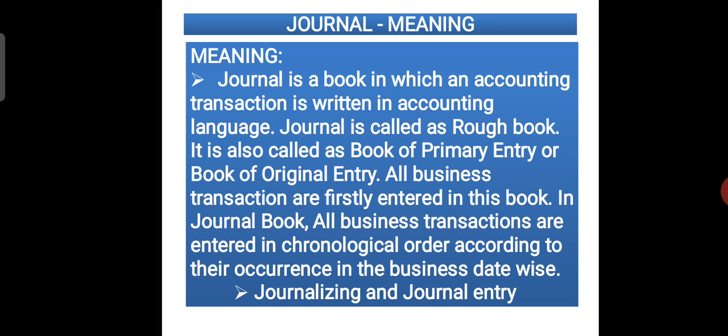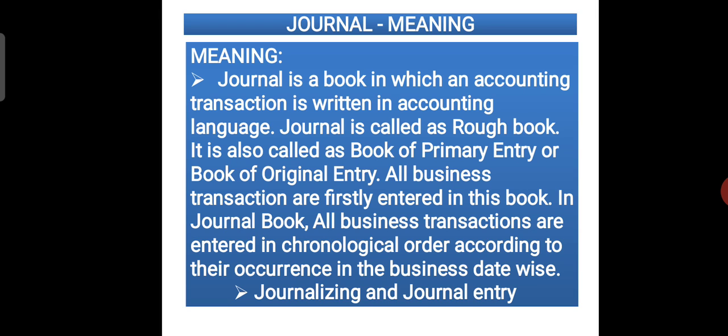Those terms are called accounting terms, for example, debit, credit, journal ledger folio number. So using the accounting terms, we record the business transactions in a book which is called journal.